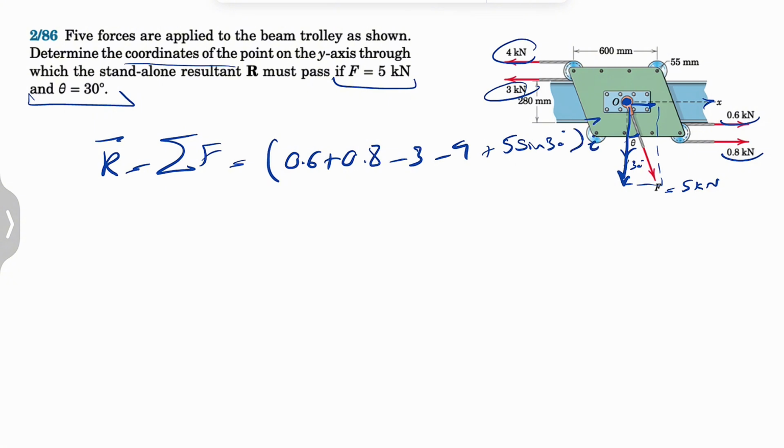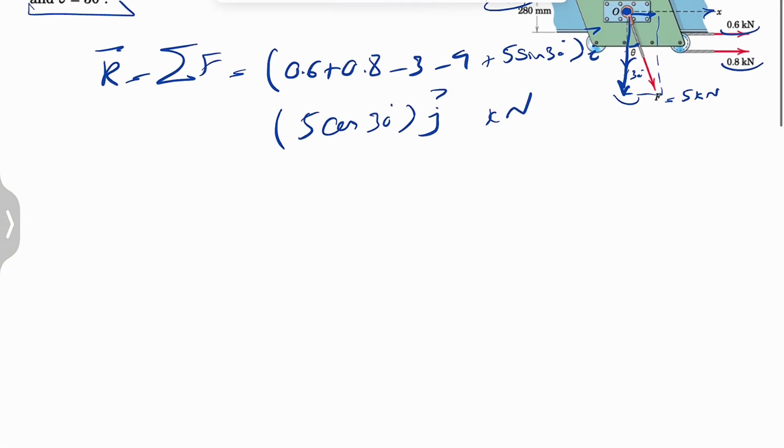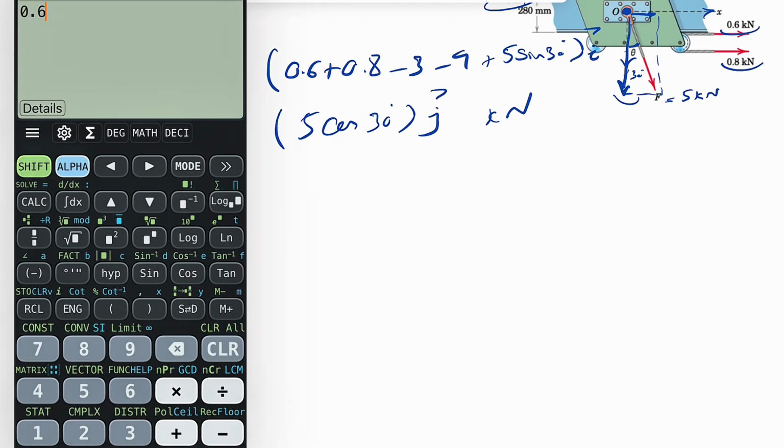Let's move on to j, or the y component. There's only one force in y, which is the y component of F, and that's going to be 5 cosine of 30 degrees j, and everything is in kilonewton. So let's figure out our resultant. 0.6 plus 0.8, negative 7, plus sine of 30 is 0.5, so 2.5.